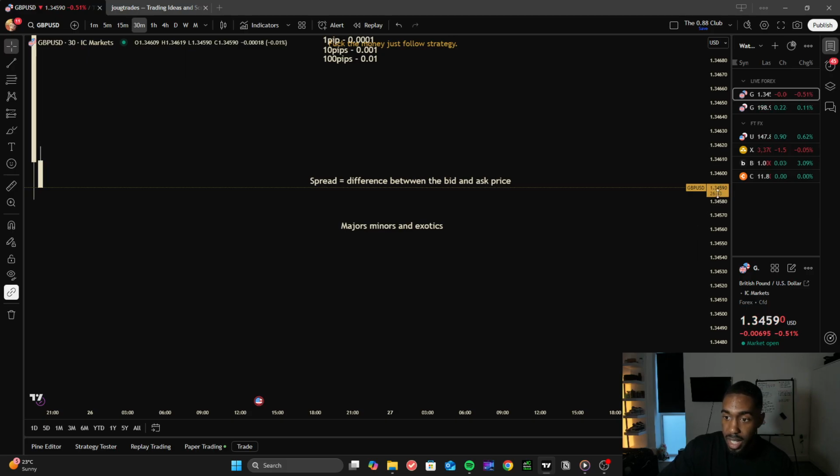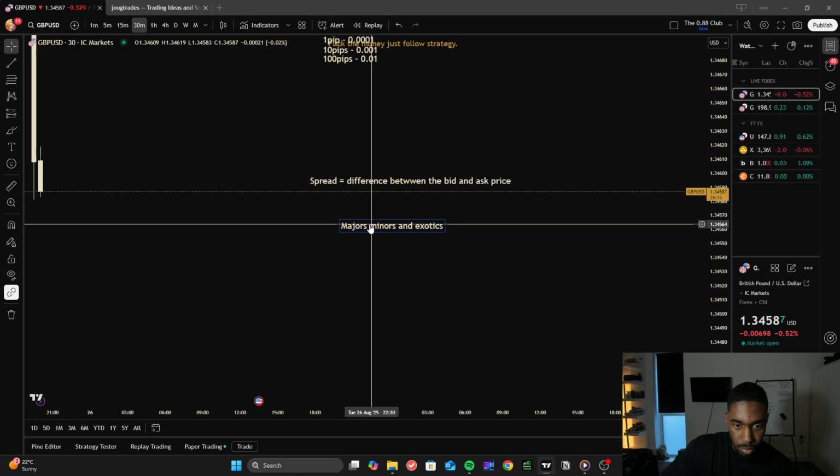So if I enter like here, I don't know if I'm going to get entered here or here. You're going to get charged a higher spread. Cool. And sometimes spreads can go in your favor, but most likely they go out of your favor. No, spreads always go out of your favor, sorry. Spreads are bad. Cool.